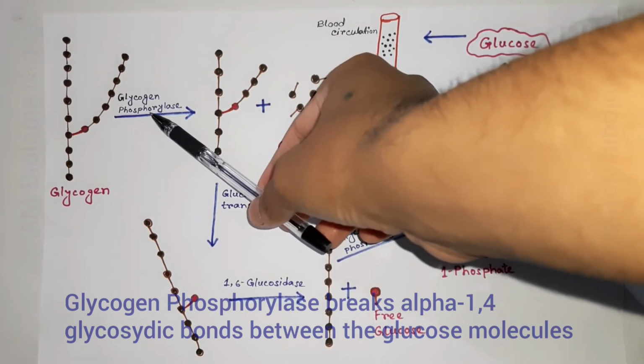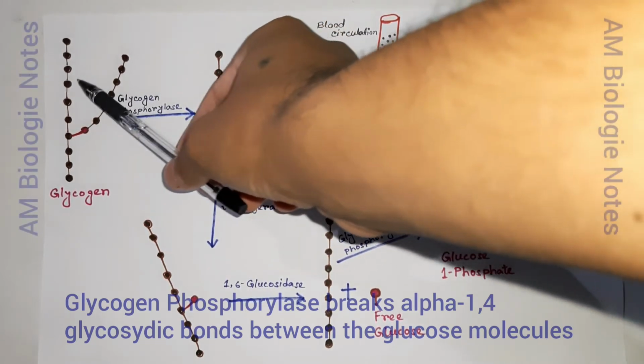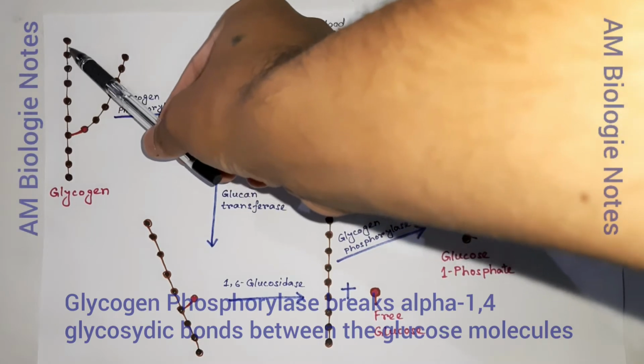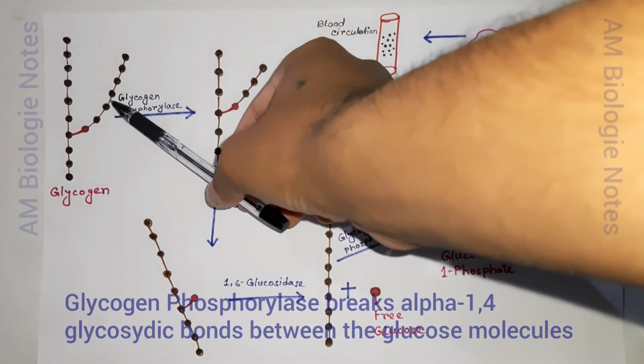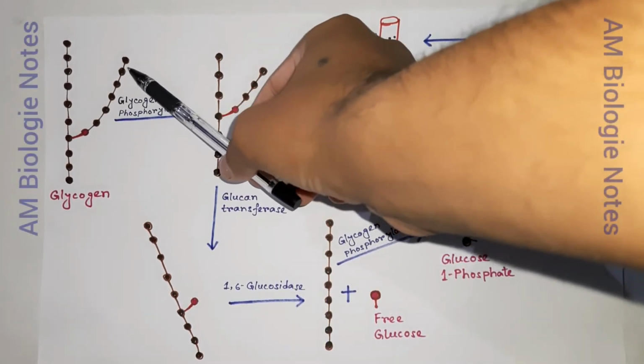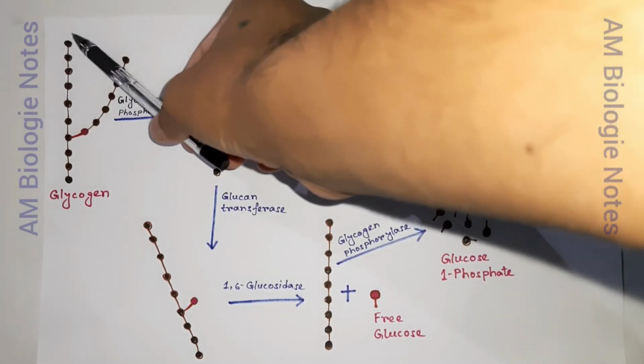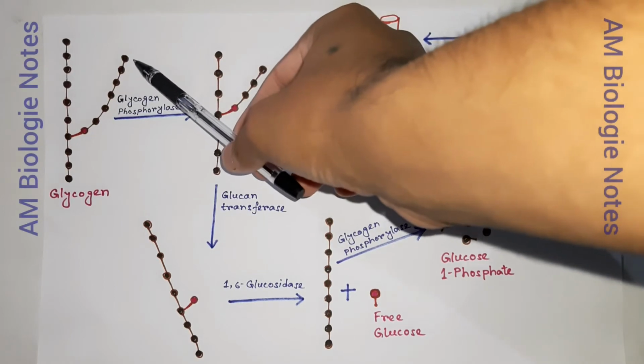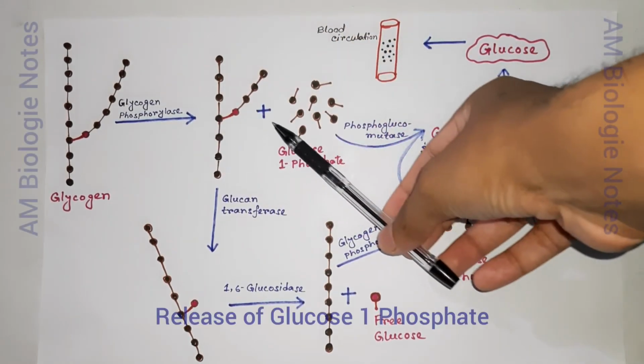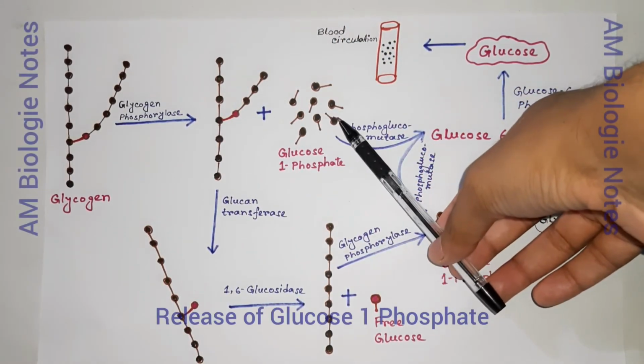Glycogen phosphorylase actually ruptures alpha 1,4 glycosidic bonds between the glucose molecules. Phosphorylase acts on the non-reducing ends of glycogen branches and releases glucose 1-phosphate.